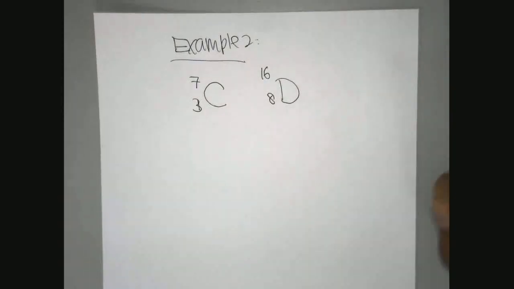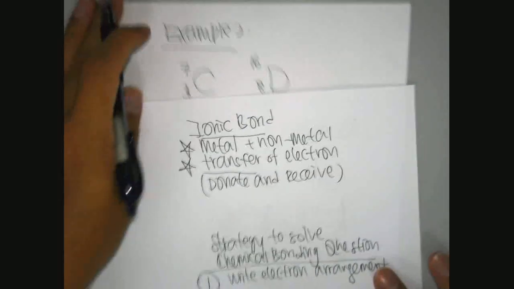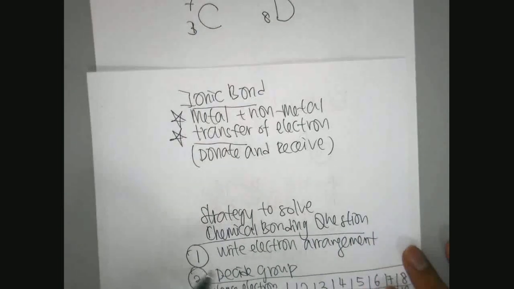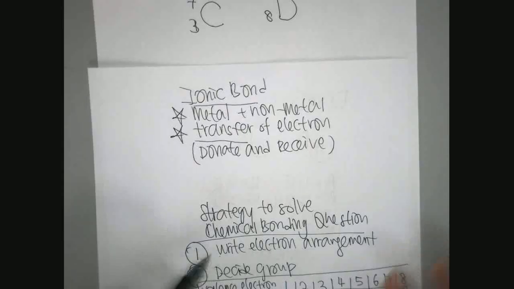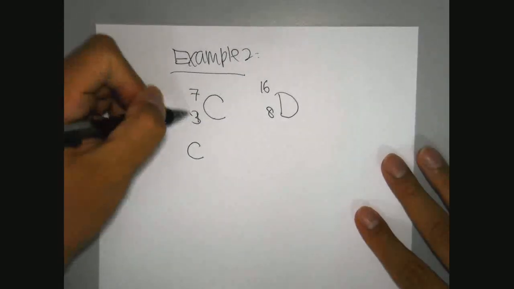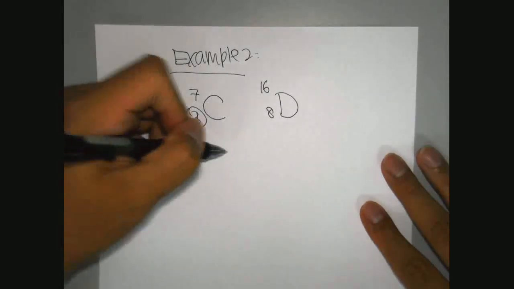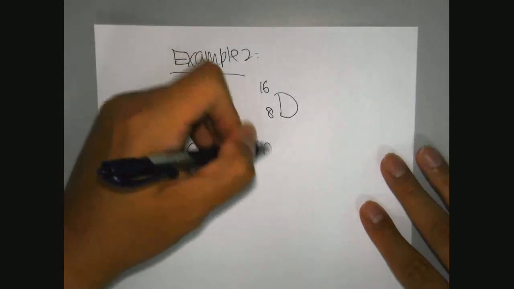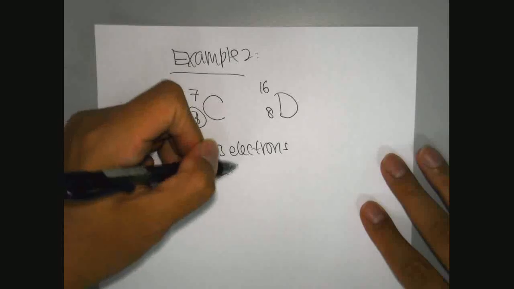Let's try to do this whole thing using the similar flow that we learned before. First of all, we must begin with writing the electron arrangement. So we do the same thing. For C, we have 3 protons, therefore 3 electrons. For 3 electrons, the arrangement is 2.1.